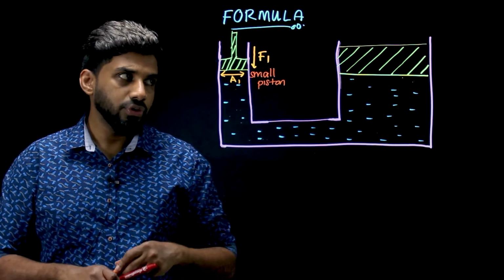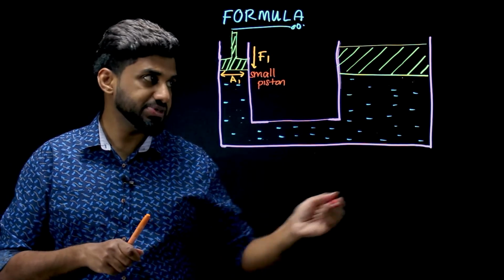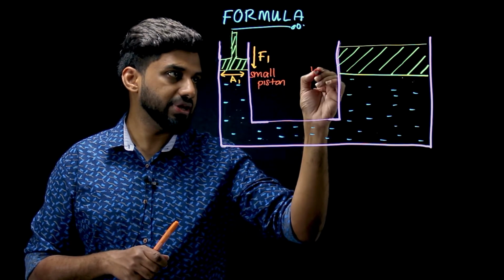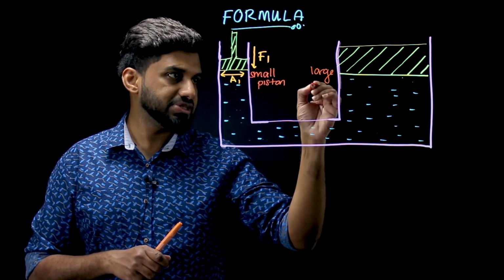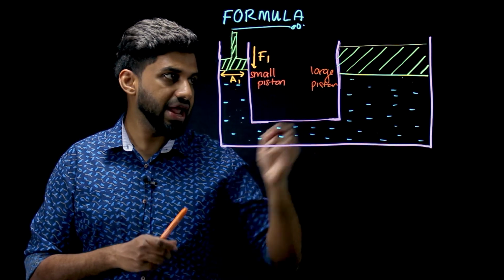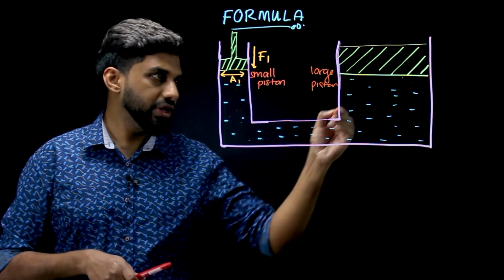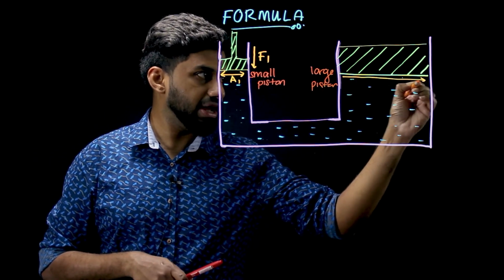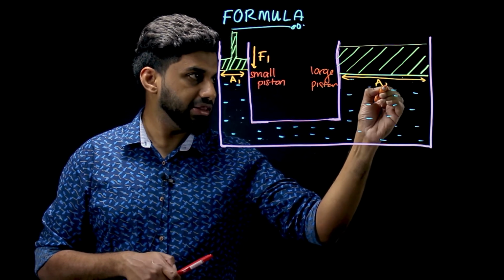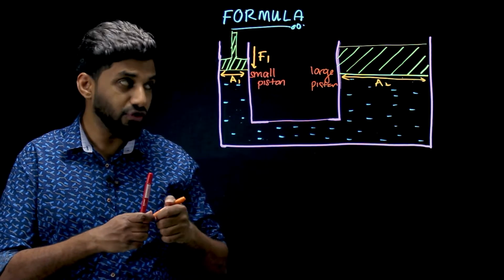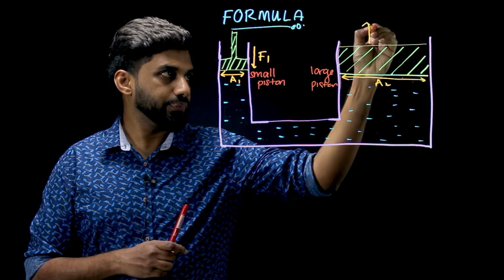On the other side, we have the large piston, which has an area of A2. Let's label the area of the large piston as A2, and this produces a force of F2.